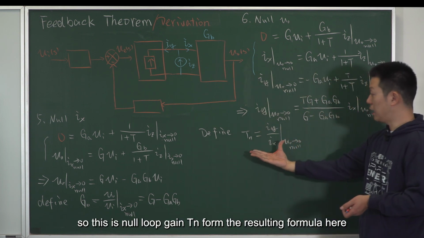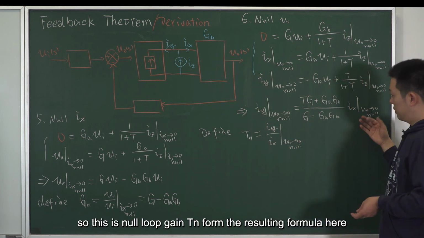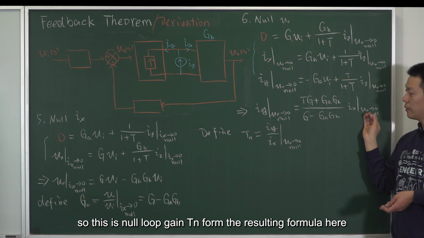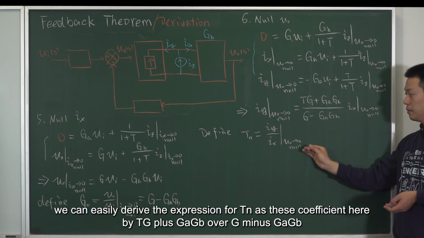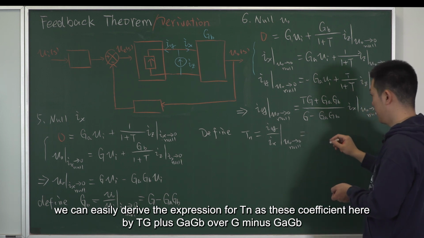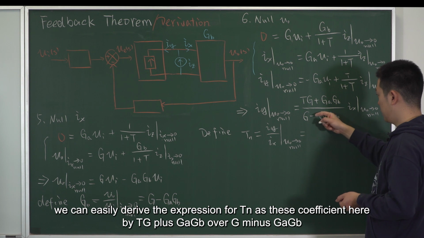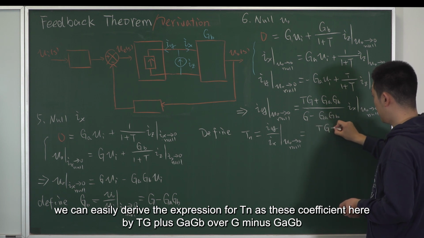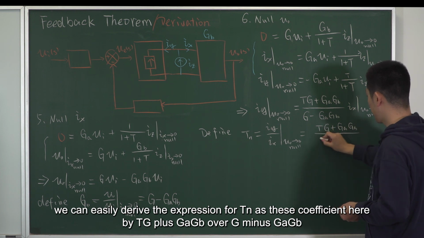So this is the null loop gain, Tn. From the resulting formula here, we can easily derive the expression for Tn as these coefficients here: TG plus GA GB over G minus GA GB.